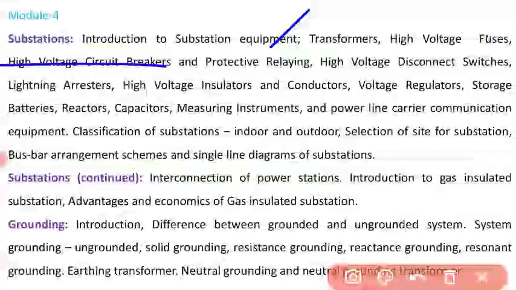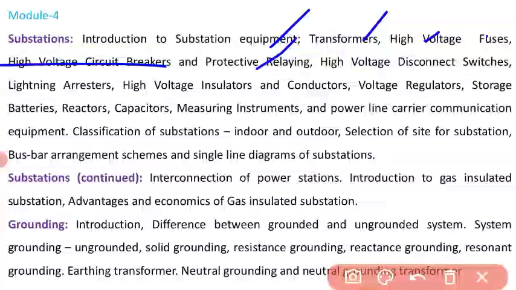For example, transformers, high voltage fuses, high voltage circuit breakers, and protective relaying. In detail, we are studying the substation elements or equipment. Next, it is continued: interconnection of power stations. Introduction to gas insulated substation, advantages and economics of gas insulated substations.